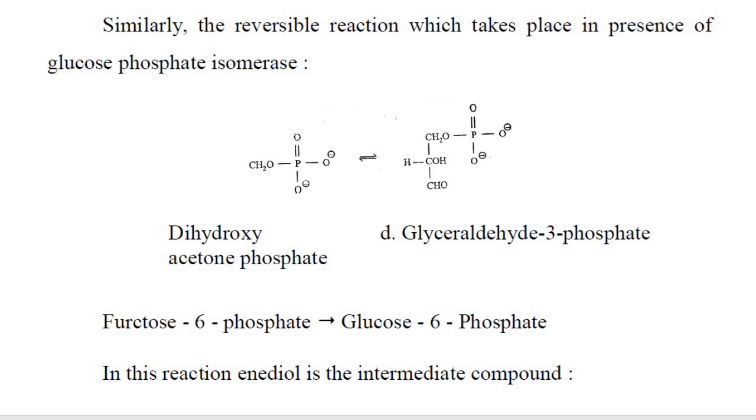Now, similarly, the reversible reaction which takes place in the presence of glucose phosphate isomerase, you can see dihydroxyacetone phosphate and glyceraldehyde 3-phosphate. So, fructose 6-phosphate to glucose 6-phosphate. In this reaction, enediol is the intermediate compound. You can see the diol.